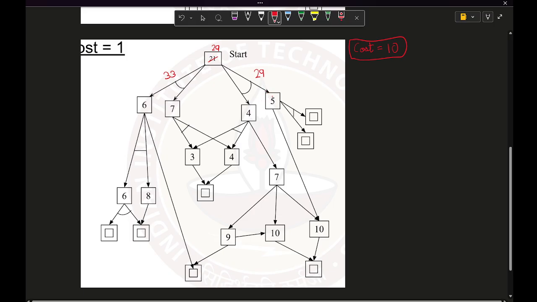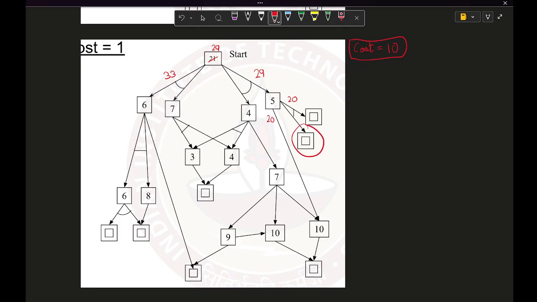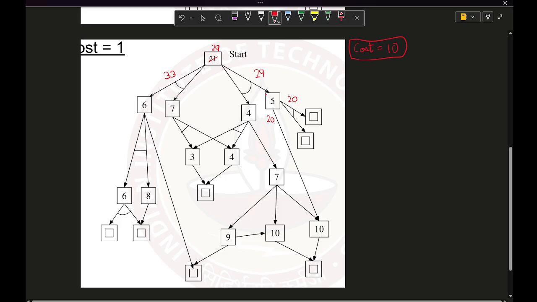So we explore this, and we get the cost of 20 from this child and 20 from this child. Here it is solved as well, so that's why we mark this as solved. We update this cost to 20 plus 4, 24 plus 20, 44. And here we compare that, okay, 33 is a lot smaller than 44. So we should pick 33 as our next cost.